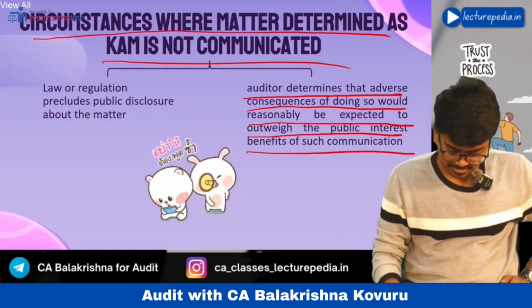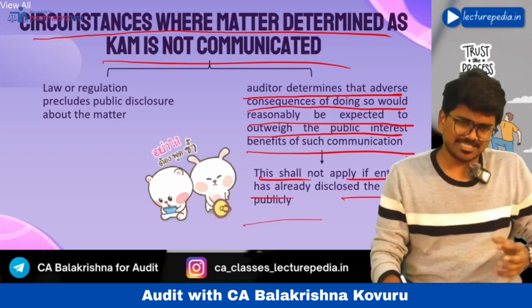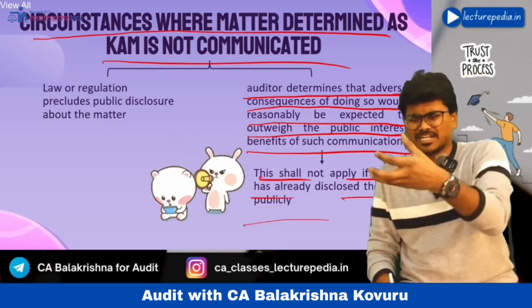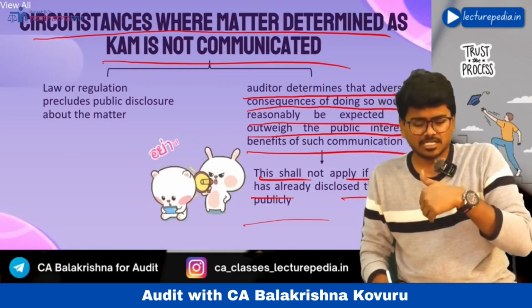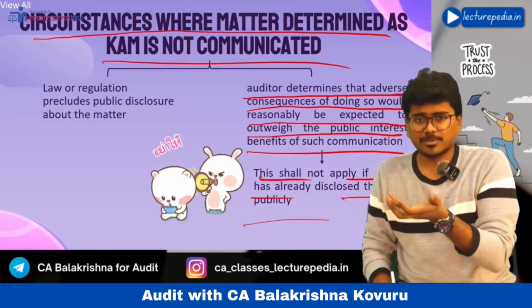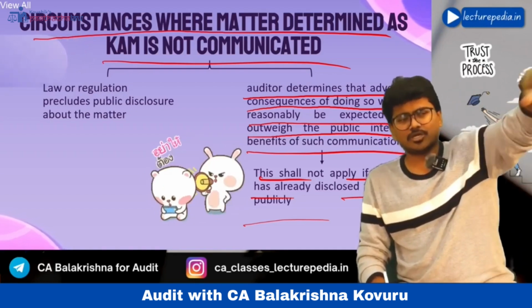Yes, this shall not apply if the entity has already disclosed the information publicly. If that information is already available publicly, then it doesn't cause any new loss because of communicating this matter, because it is already available in public, so you can communicate.